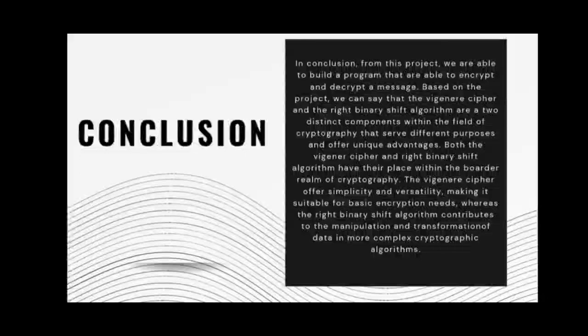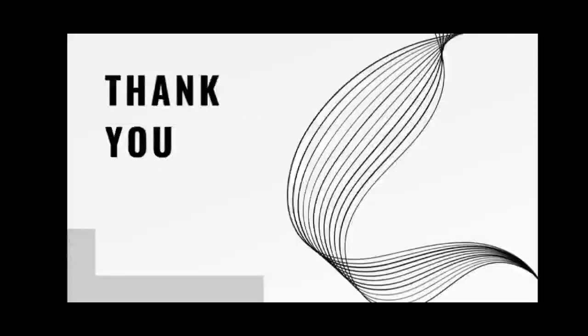Both have their place within the broader realm of cryptography. The Vigenère cipher offers simplicity and versatility, making it suitable for basic encryption needs, whereas the right binary shift algorithm contributes to the manipulation and transformation of data in more complex cryptographic algorithms. That's all from us. Thank you.